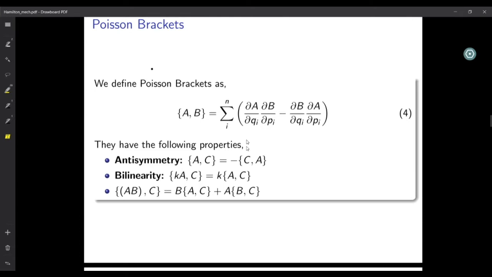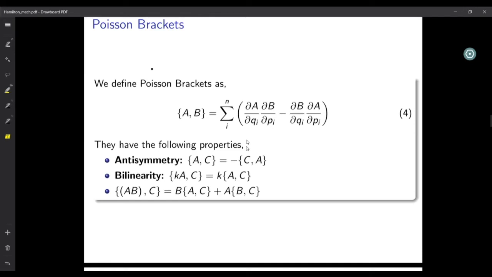In this slide, we can see how we define Poisson brackets. The Poisson bracket of a comma b is the sum over i of dou a by dou qi times dou b by dou pi minus dou b by dou qi times dou a by dou pi, and so on. They have these properties, axioms that they follow. They follow antisymmetry, which is a comma c equals negative c comma a, and bilinearity, right?